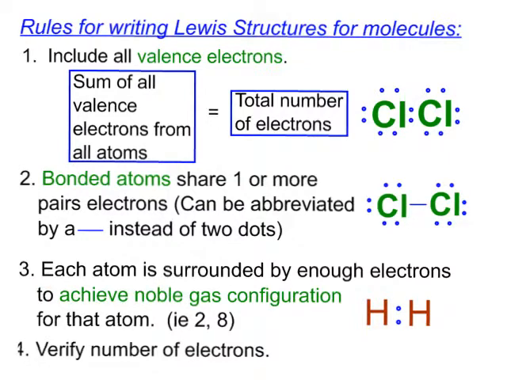Here's rule number 3. Each atom is surrounded by enough electrons to achieve a noble gas configuration for that atom. That is very critical in the case of chlorine. Its noble gas configuration is that it has 8 total electrons. There are 2, 4, 6, 8 around the first chlorine atom.